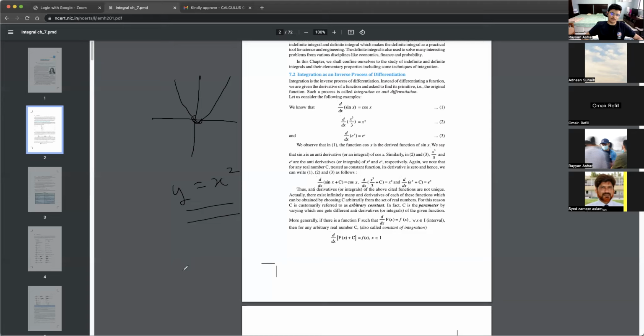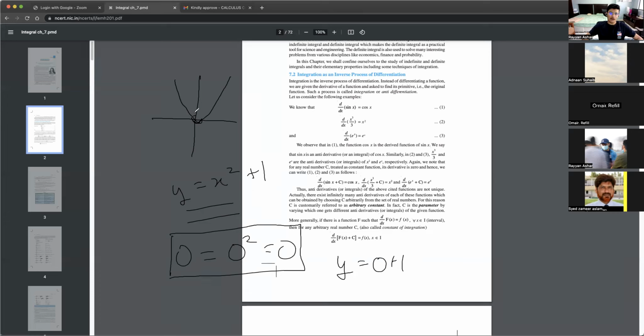Because if we put y as 0, that means x squared is equal to 0, which is equal to 0. Now, if we were to add an arbitrary constant here, say 1, this is essentially what we did here, calculating the x and y intercept. Now, if we put 1 here, then if we put x is equal to 0, then we get y is equal to 0 plus 1.